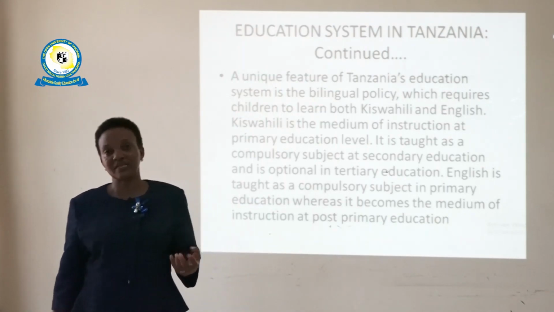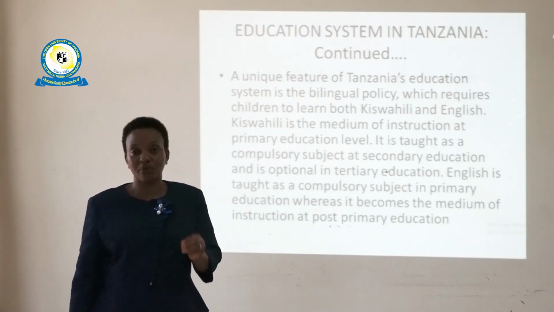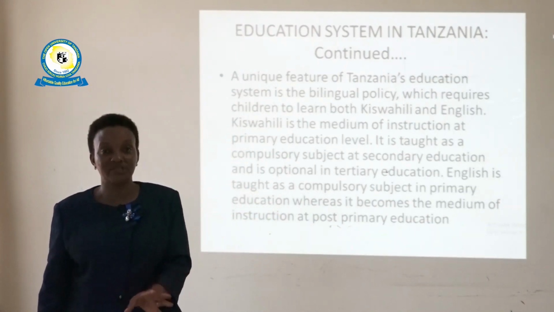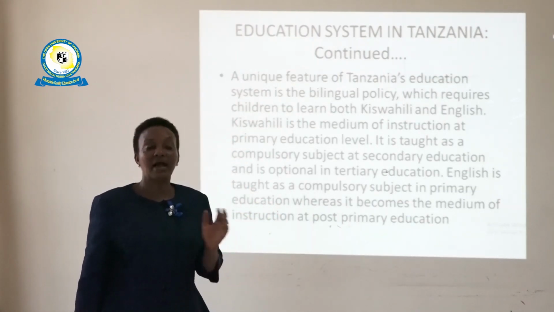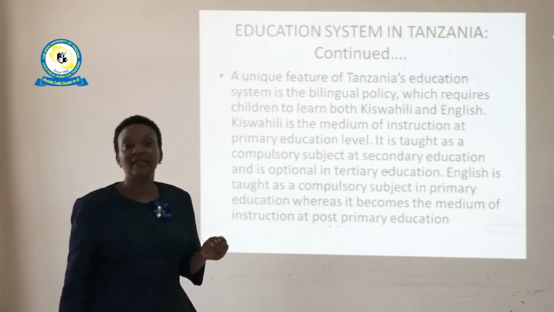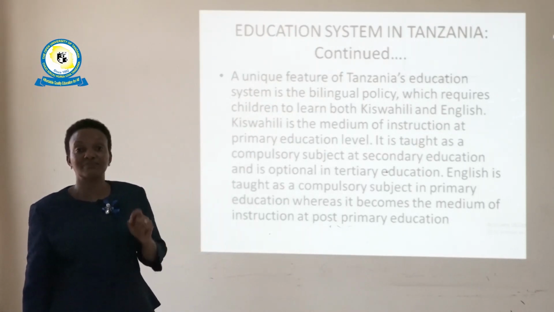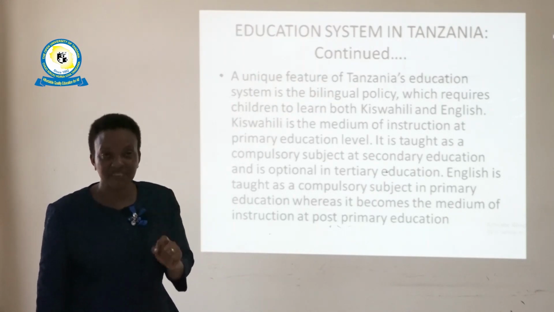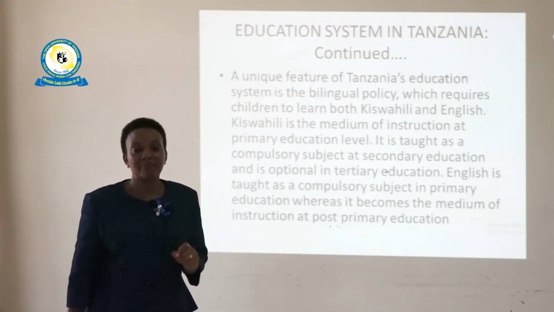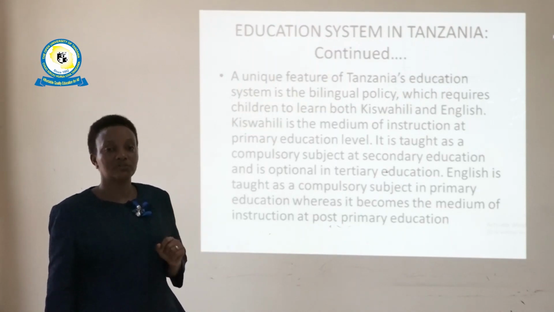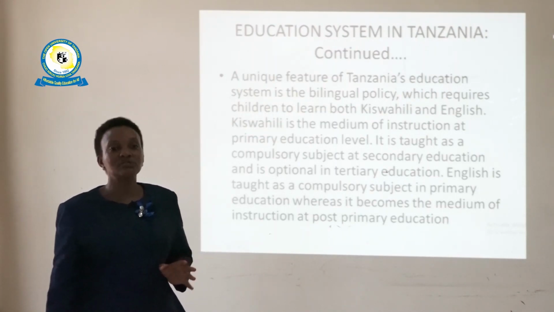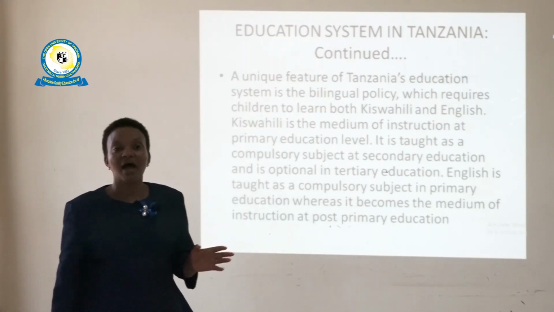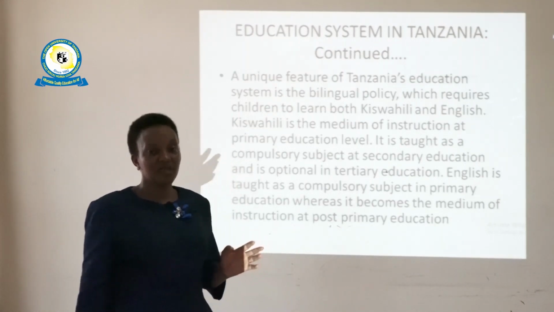So the unique feature, as I've said, is the bilingual policy. Bilingual is the use of two languages, both Kiswahili and English. Kiswahili is the medium of instruction at primary education level, especially in public primary schools. It is taught as a compulsory subject at secondary education and is optional in tertiary education.